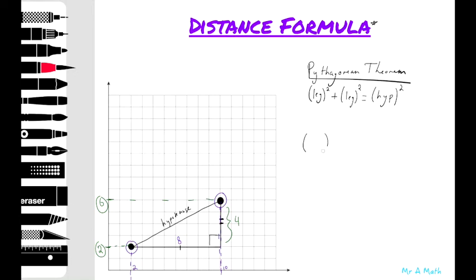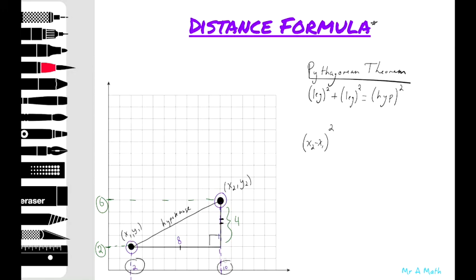In order to find the length of one of the legs, what did I have to do? So if I have a coordinate and let's say it's labeled x1, y1, and another coordinate that's labeled x2, y2, this is just an arbitrary coordinate. What I did is I took their x values, so x2, and I subtracted it from x1. That's what I did down here, right?